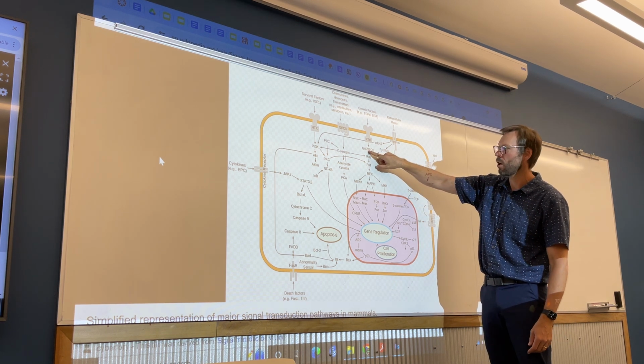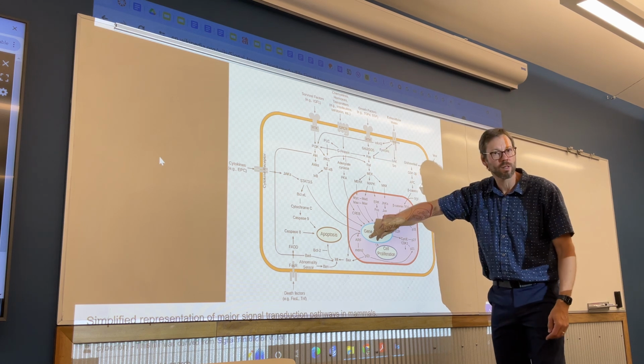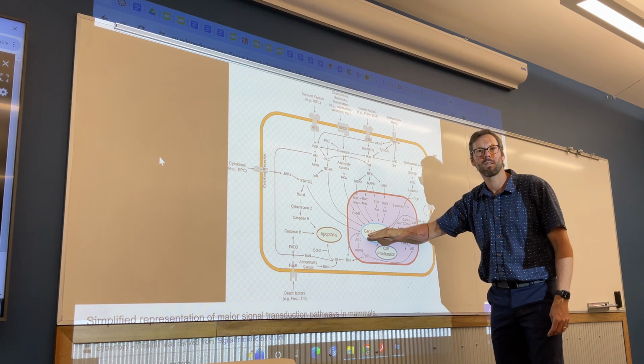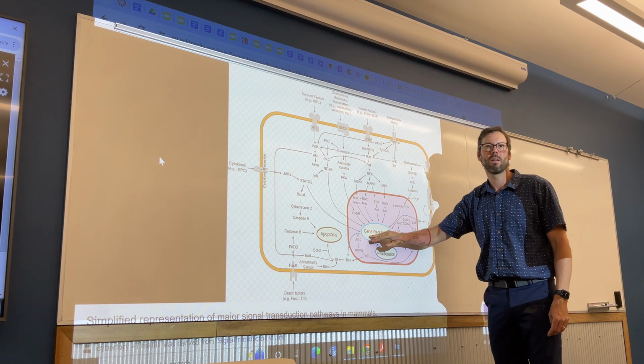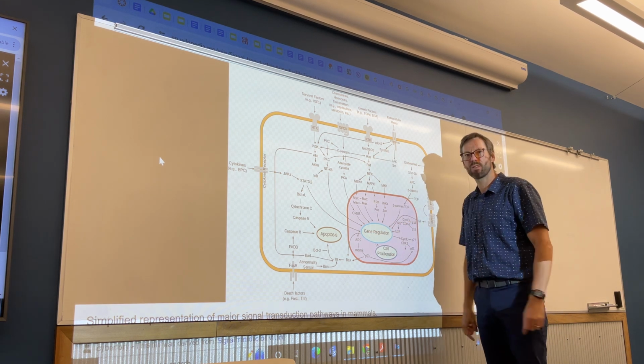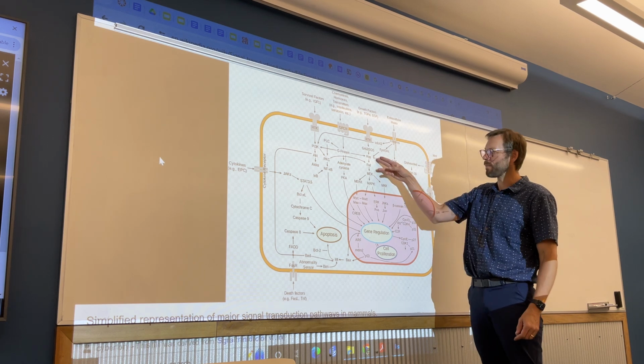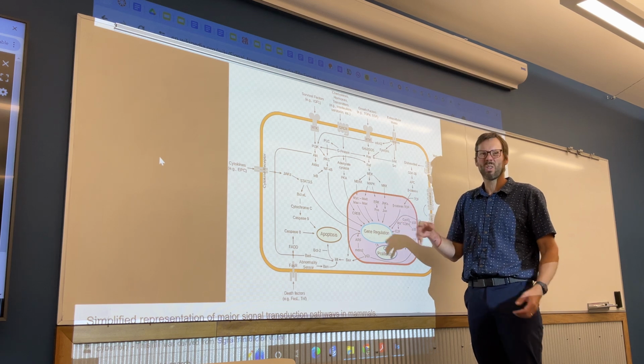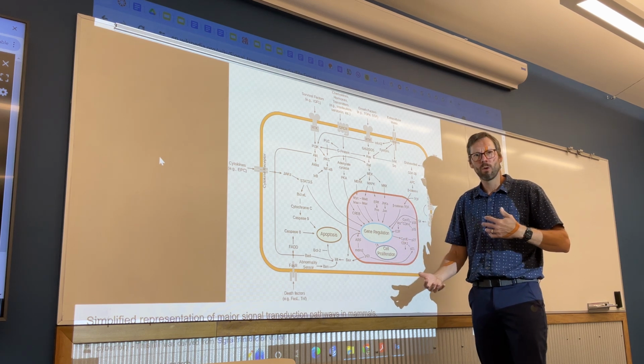This GRB2 doesn't go straight to the nucleus. It's a stepwise process, and that's important because if one of these things gets mutated, sometimes these can compensate, right? You want it to be stepwise so you can turn it on and off pretty quickly.